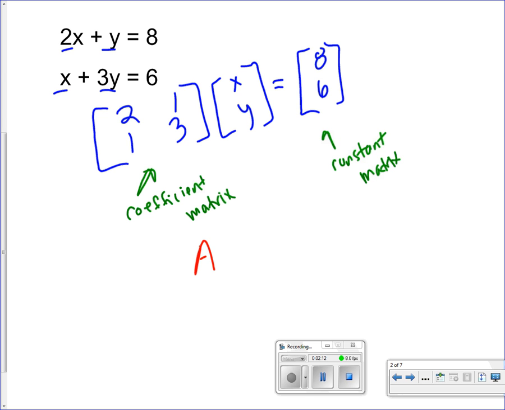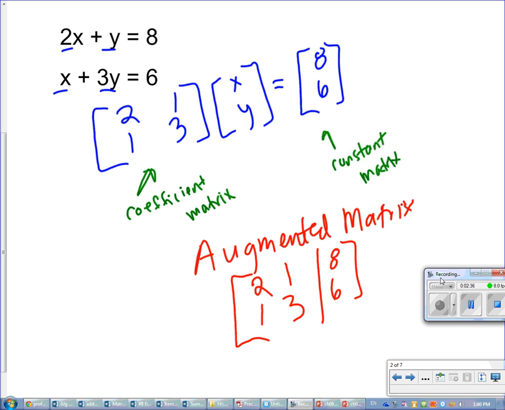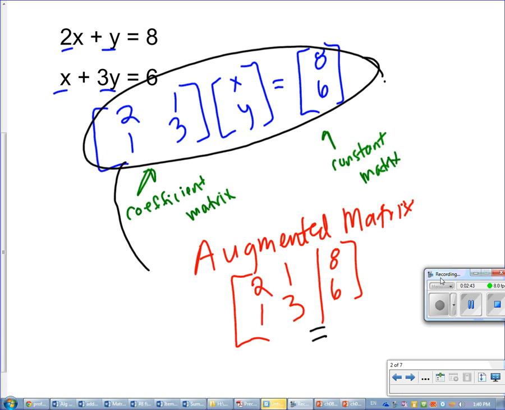That's what the word augmented means. So the augmented matrix is going to look like 2, 1, 1, 3. And then we're going to have a vertical line through the middle of our matrix, and then 8, 6. In the augmented matrix, this vertical line that we drew in really just represents our equal sign. So we're taking these 3 matrices here, and we're simplifying it into one augmented matrix.